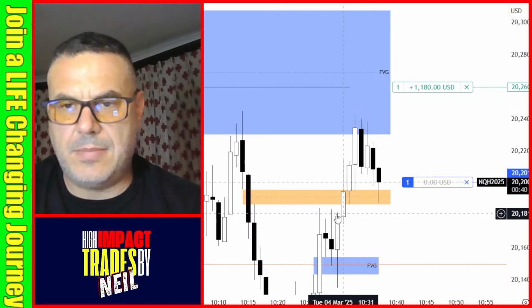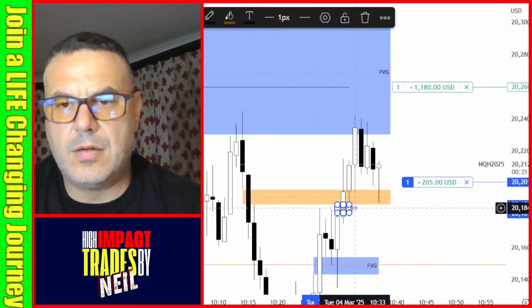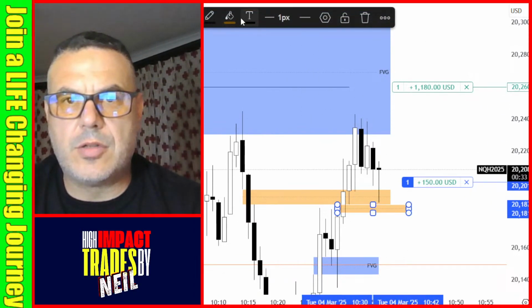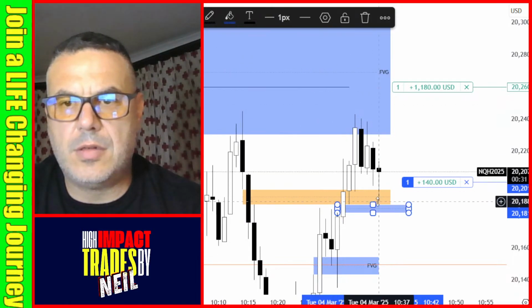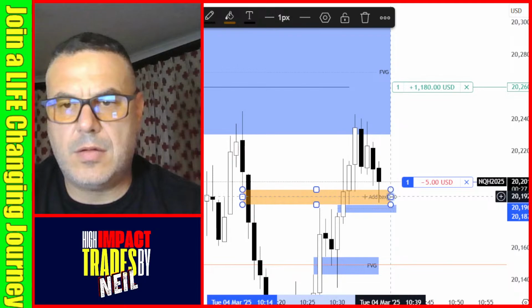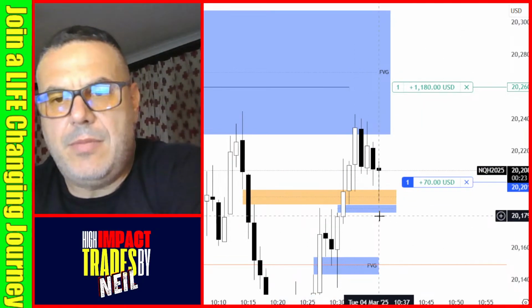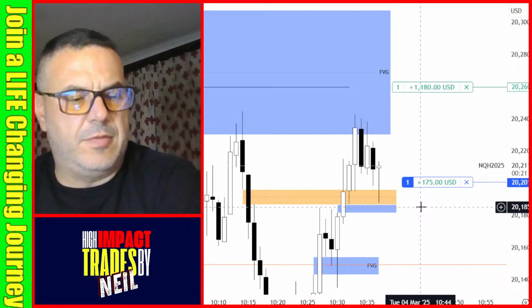So a little gap down here where it could want to burst in. So let's see, it's like an inverted fair value gap, support type of level here.